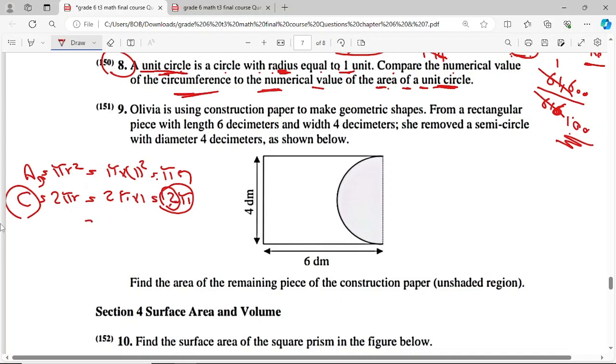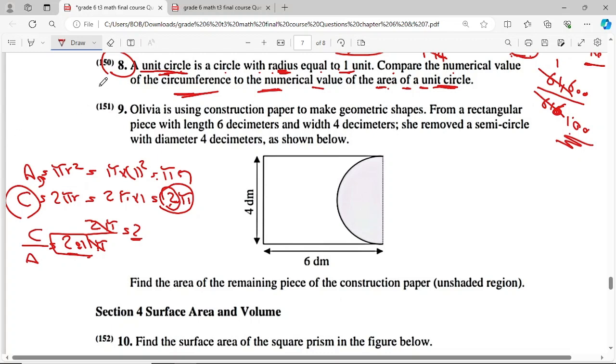Circumference over area is 2 pi divided by pi, which equals 2. So the ratio is 2 to 1.